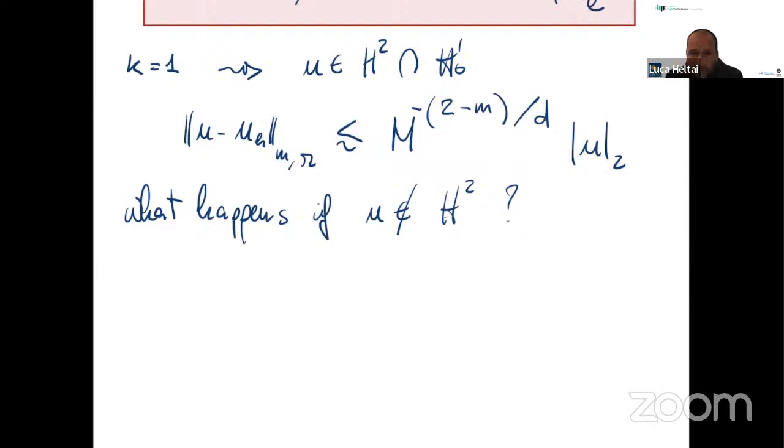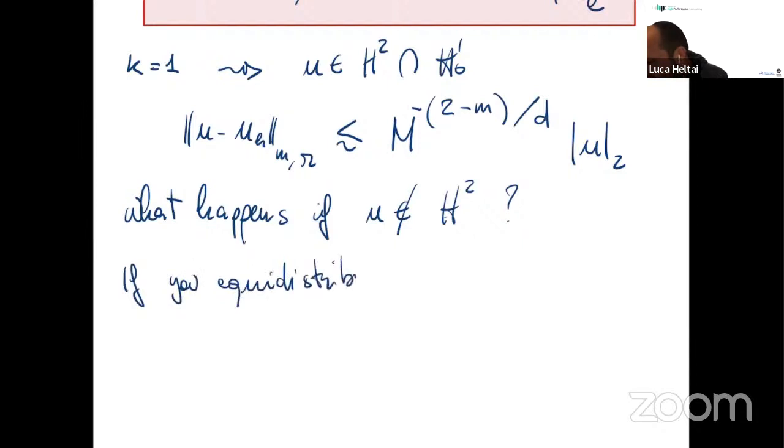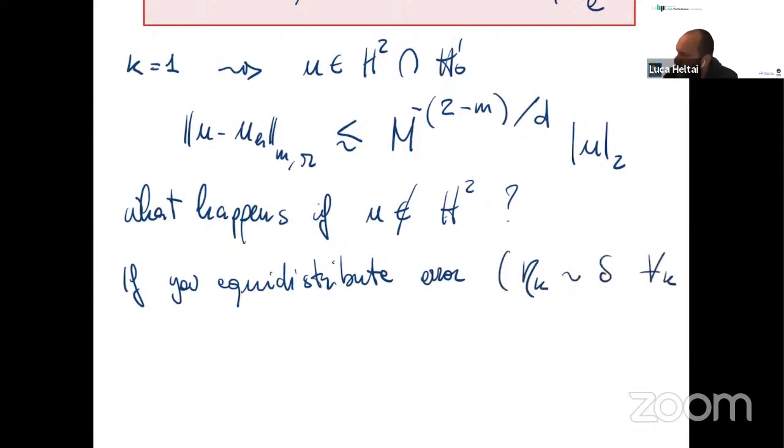Okay, and the answer is yes, you can do that. It's possible to do that, provided that you equidistribute the error. And if you equidistribute the error, it is possible to prove, which means eta_K is proportional to delta for every K. So you're saying that the estimator is equal on every K to something which is equal to delta.